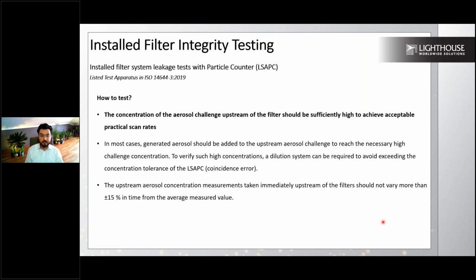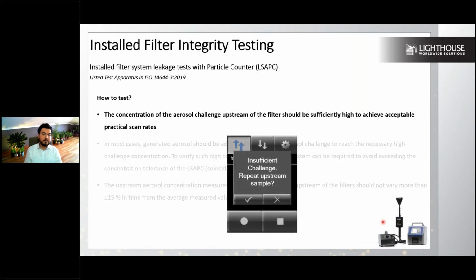And how to test? Again, from the standard, the concentration of aerosol challenge upstream of filters should be sufficiently high to achieve acceptable practical scan rates. That's important because if you are introducing non-homogeneous or less aerosol into your upstream challenge, then while you're scanning, your device may not be scanning the right upstream challenge.